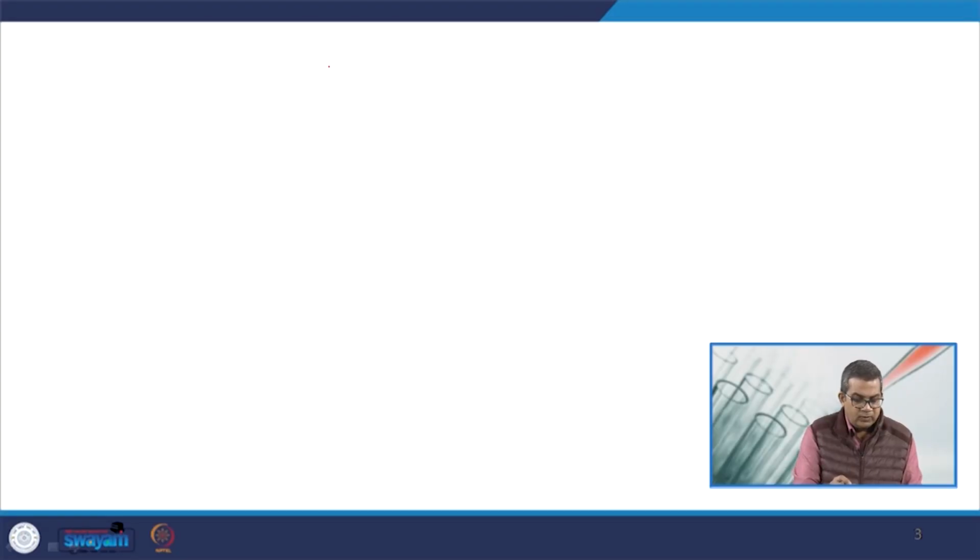Now, let us have a look at this dissociation aspect. Tight and loose ion pairs, which we discussed previously, are present in the system.